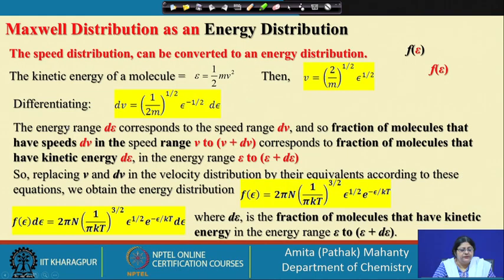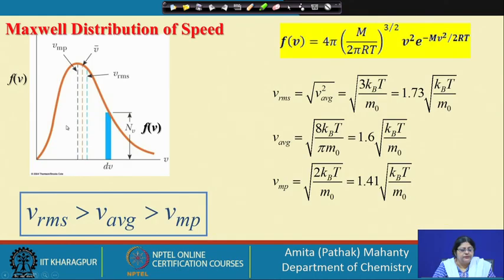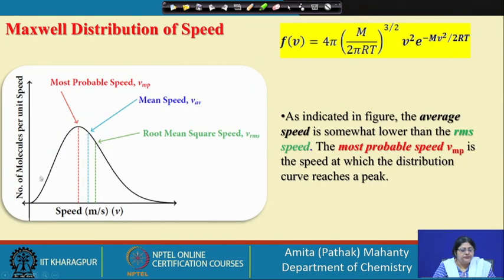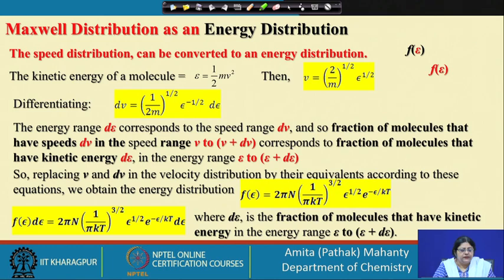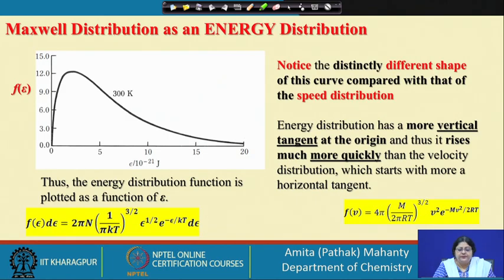If you look into the previous distribution, you will see how the distribution is looking like. If you have a tangent drawn along the curve, what will you see? Notice the different shape of the two curves. The energy distribution has a more vertical tangent. This is much steeper than the velocity distribution. Okay? The vertical tangent at the origin, and thus its rise is much quicker.